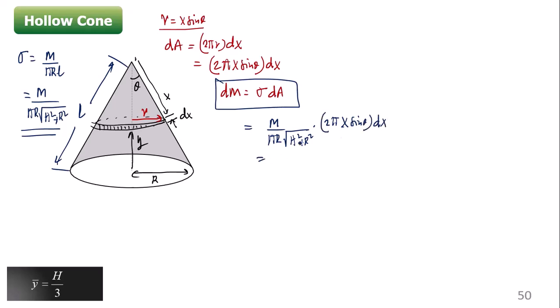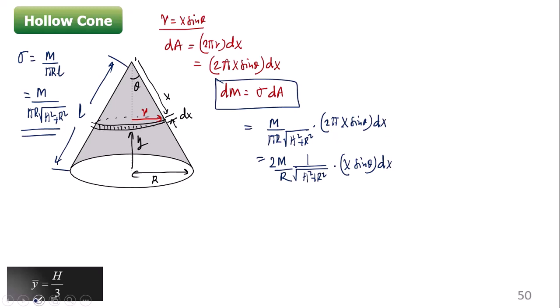Further simplification, pi cancels out. I am left with 2m into x, and the denominator is R times h square plus R square, that is also a constant, multiplied by x sine theta into dx. So finally I am getting the value of dm.